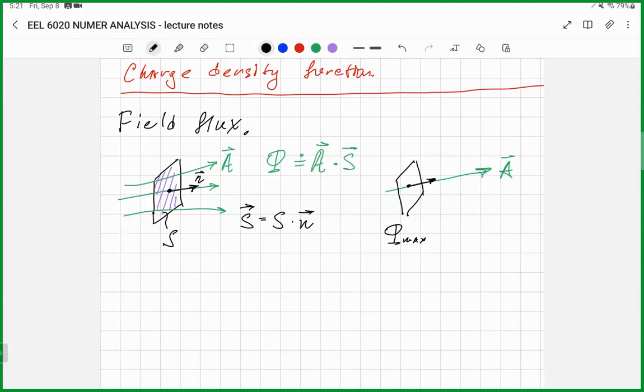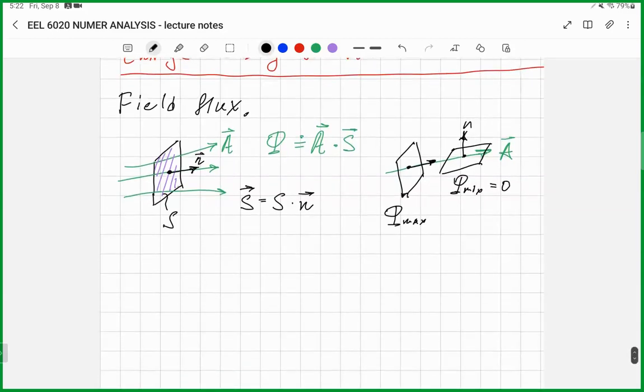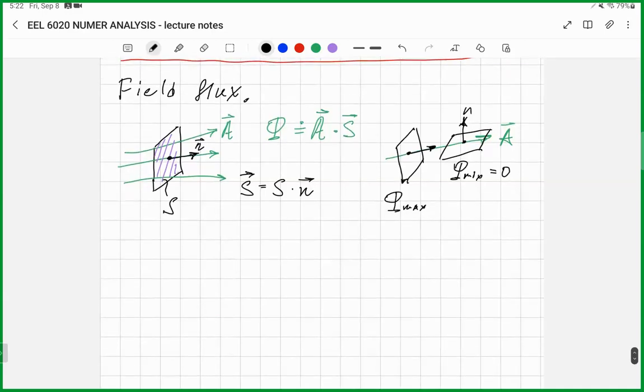But I can also arrange this surface orthogonally to the vector field, like this. In this case, the flux will be minimum, actually equal to 0, so no flux going through the surface. So we need to define the area by its vector in space.